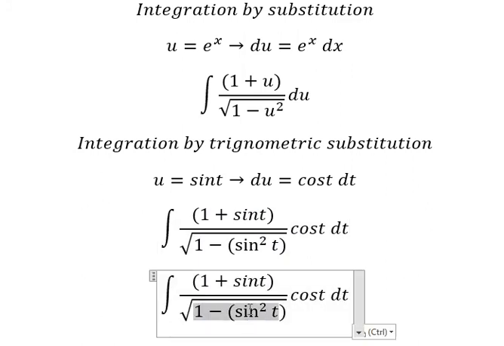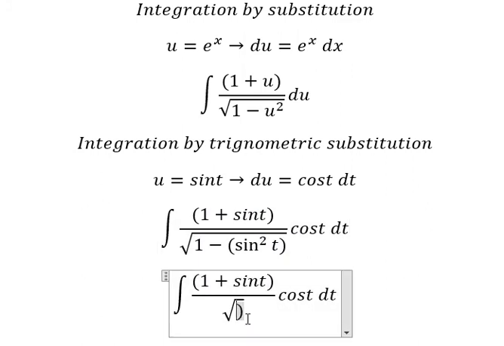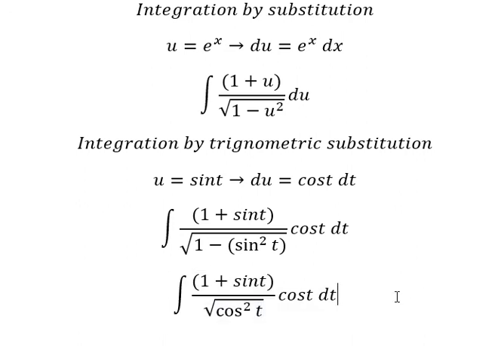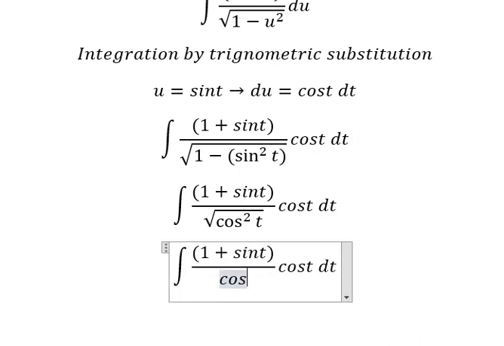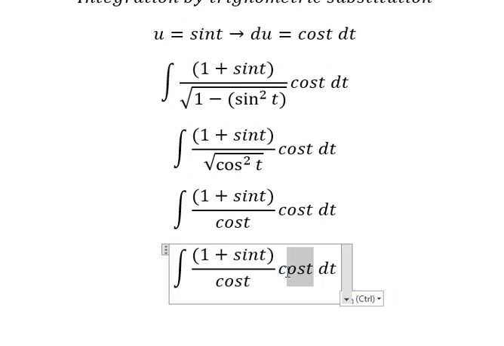This one we change to cosine squared t. The square root of cosine squared t, we have cosine t. Now we simplify cosine t on the numerator and denominator.